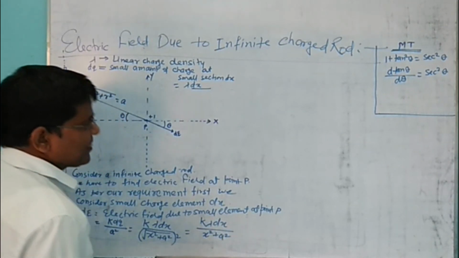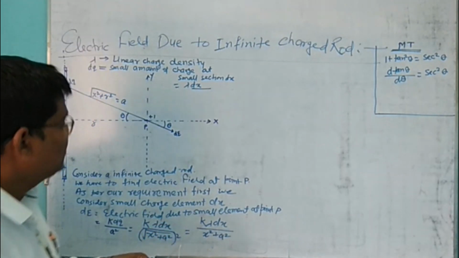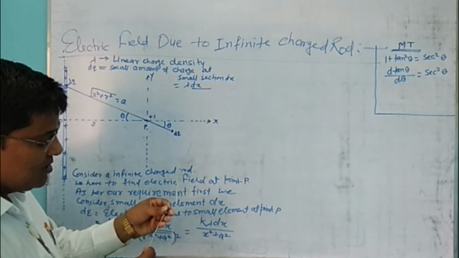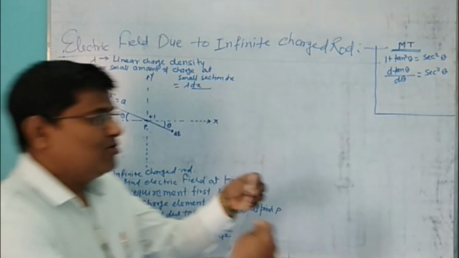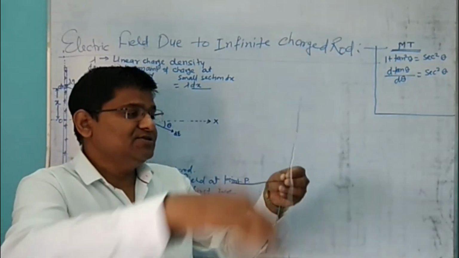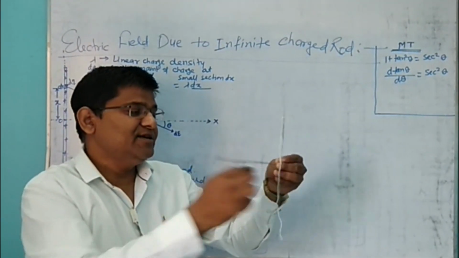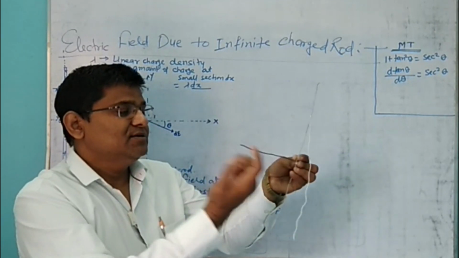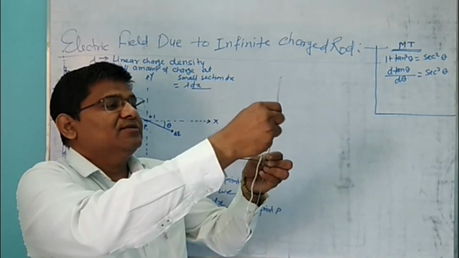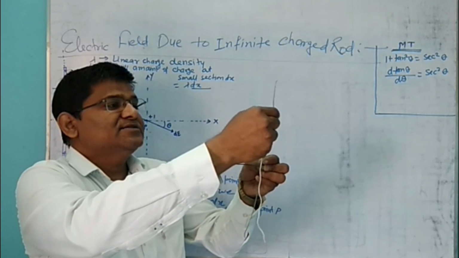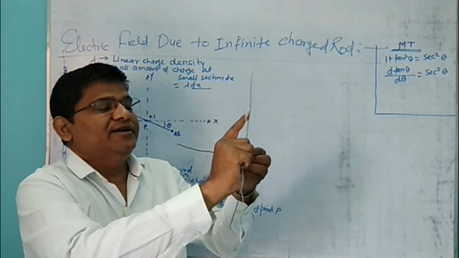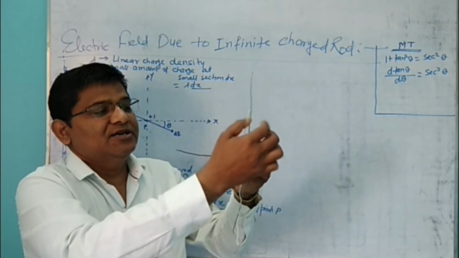This is made for your convenience to understand. Suppose this is a charged rod, and this is the distance from it, and this is the section of the charge rod, dx.